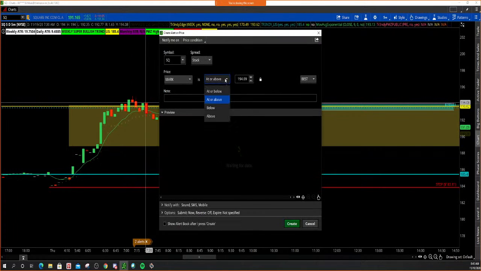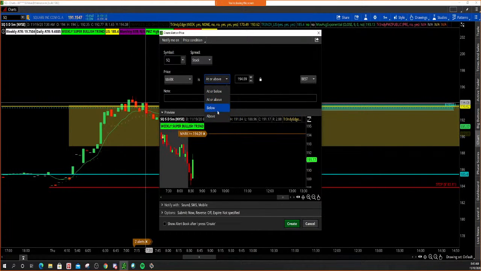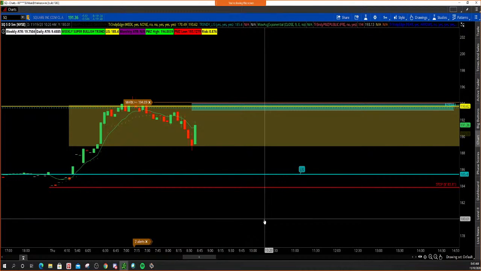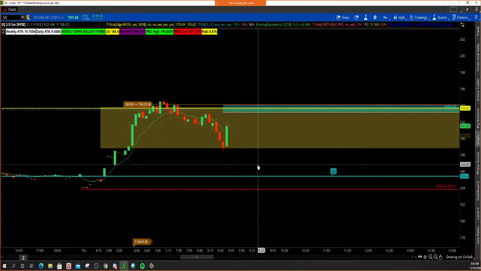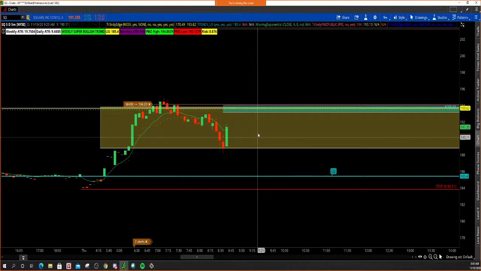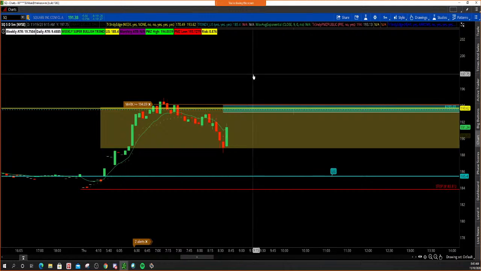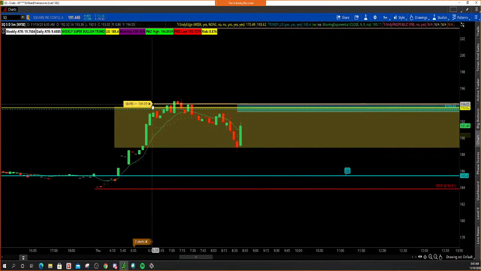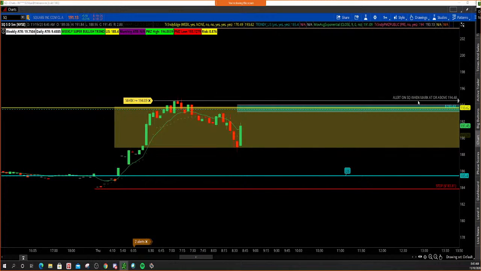So like my Netflix trade, my Amazon trade, and all that stuff yesterday, guys. All I did was do something like this. I don't even look at the chart, man. It goes off on my phone. I take the trade. I don't think about it. I already have everything set up and I'm ready to go. Now this is a pivot, so I'd actually wait until we get right above there.